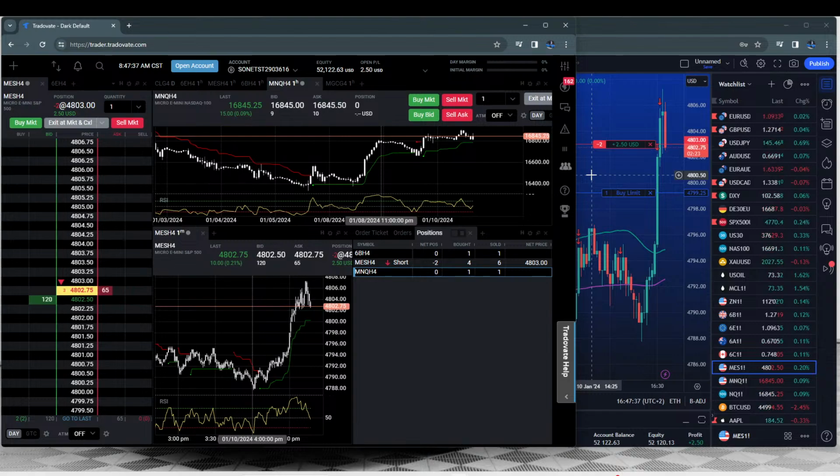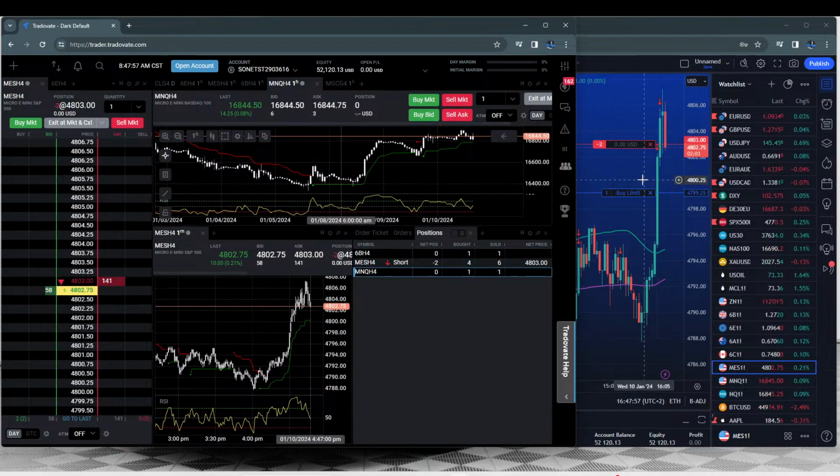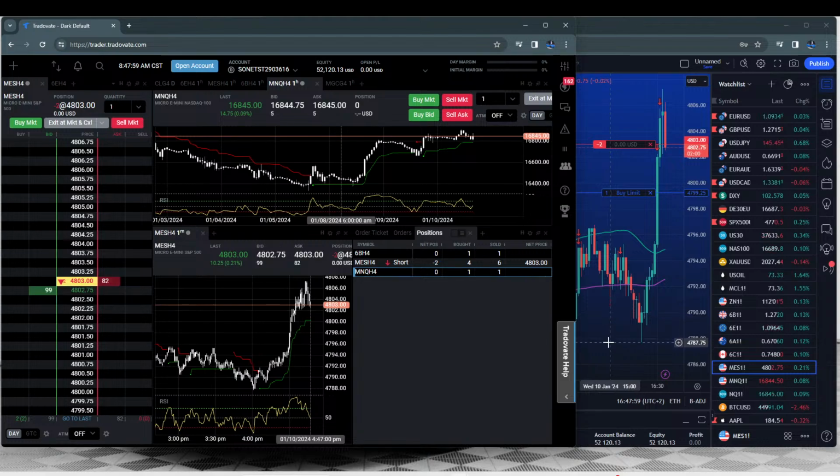It was a matter of minutes. And below 4800 we are gonna see acceleration to the downside.